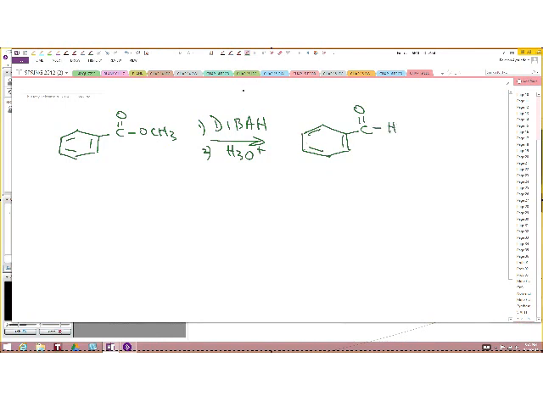Anybody want to try? Keeping in mind that all this does is supply the hydride.